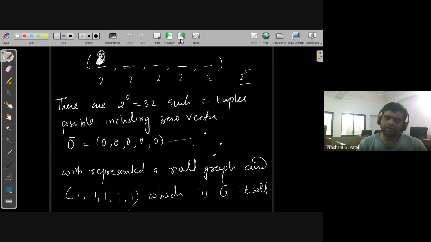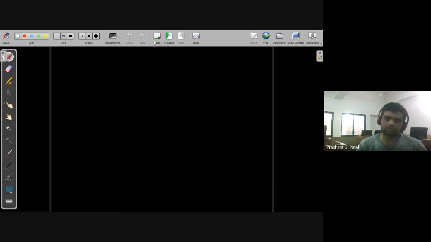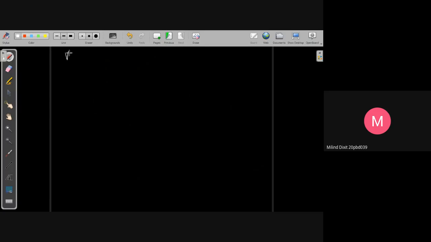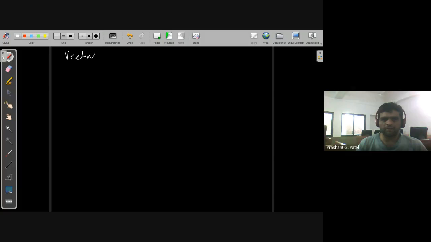Now, have you learned vector spaces in your previous semester in the linear algebra course? Yes, sir. Okay, so to define a vector space you require some operation to be defined. For example, if you want to say that R is a vector space, then addition is the operation, and scalar multiplication is also needed.